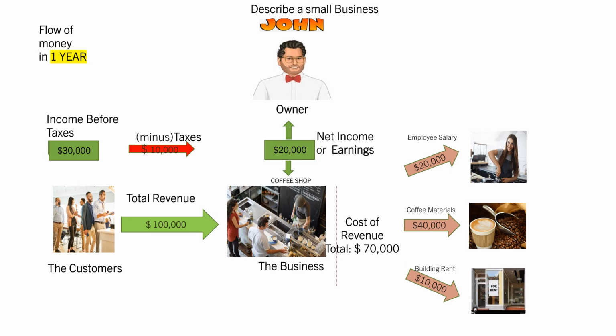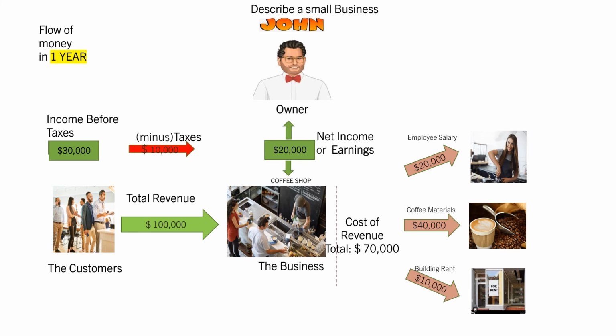So let's try to value John's little coffee shop business we know. And what I did here is I changed the cash flow from being 1 hour to 1 year. And all I did was throw some zeros on all those numbers. And you can see instead of $100 coming in for the total revenue, now it's $100,000 coming in.